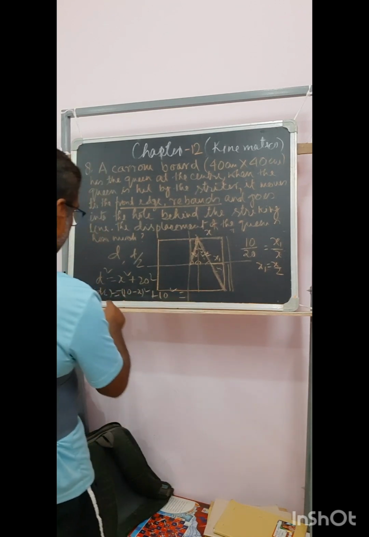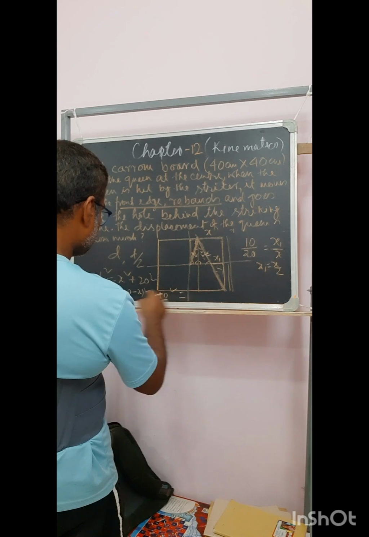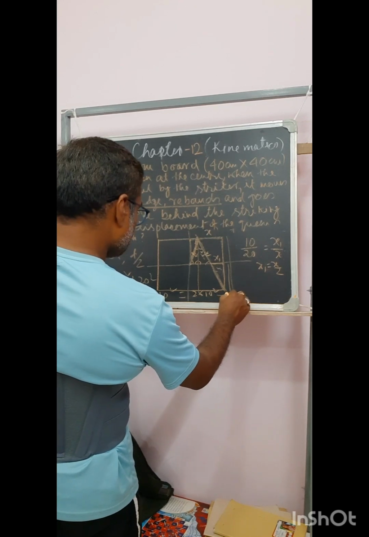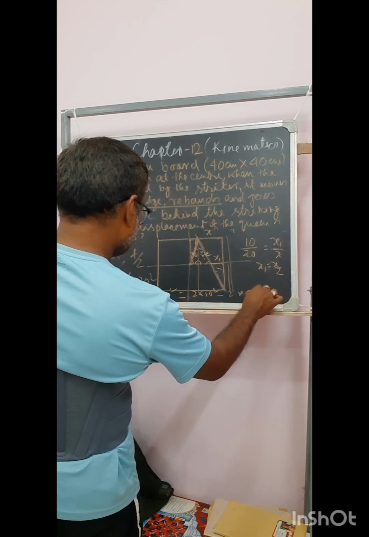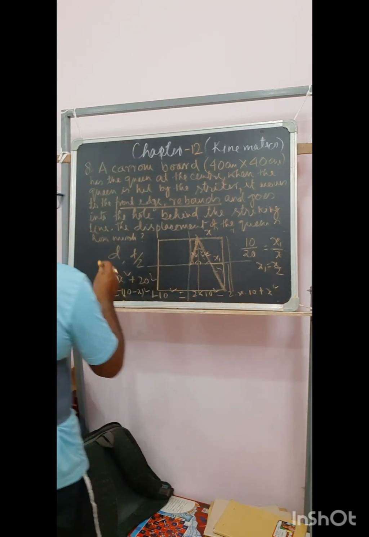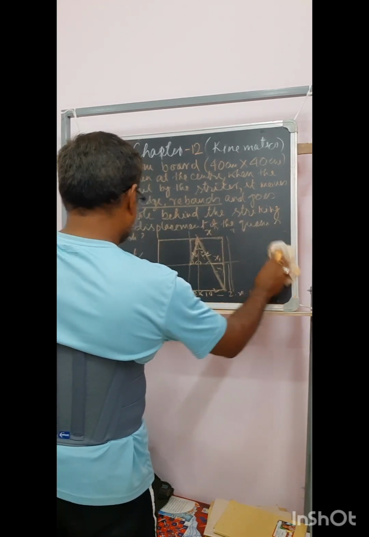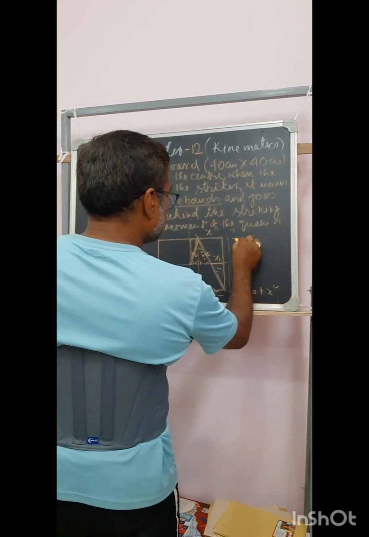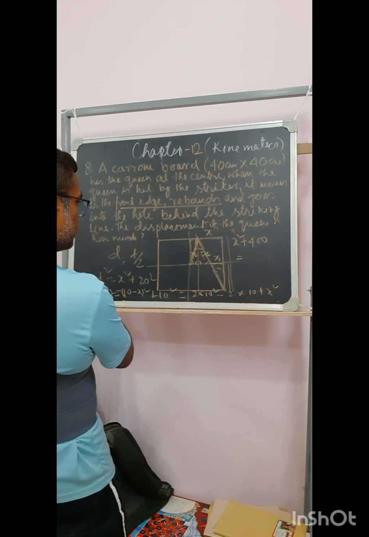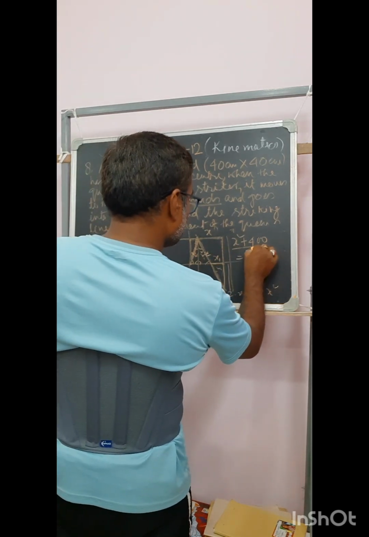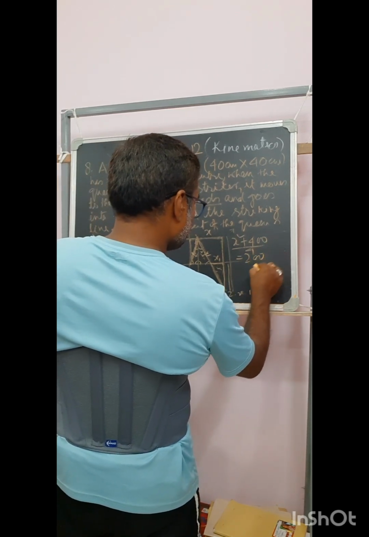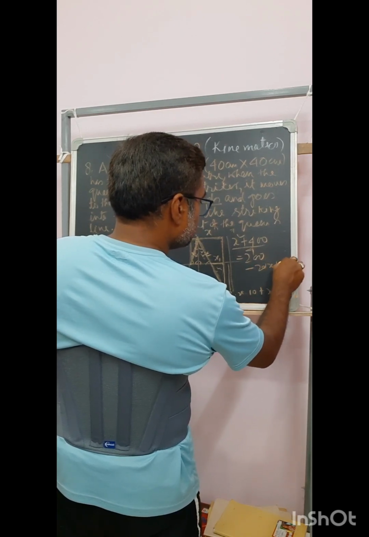So from there it is 10 square, 2 into 10 square, minus 2 into x into 10, plus x square. So d square is equal to x square plus 20 square. So you can equalize these two. So this is x square plus 400, equalize this side, because d square is equal to this by 4, where this by 2 is 2 into 10 square, meaning 200 minus 20x plus x square.